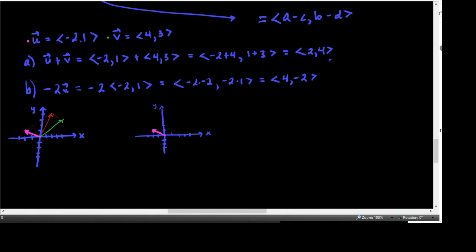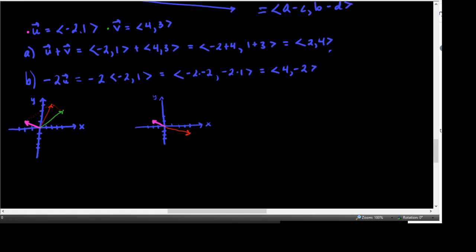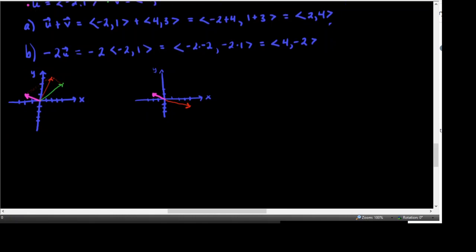And the resultant is 4, negative 2: 1, 2, 3, 4, negative 2. And that's in the same line as the pink one, but it's twice as long and in the opposite direction. So that's supposed to give you some confidence, especially if my drawings were a little bit better, that the component formulas that we learned above actually do work.